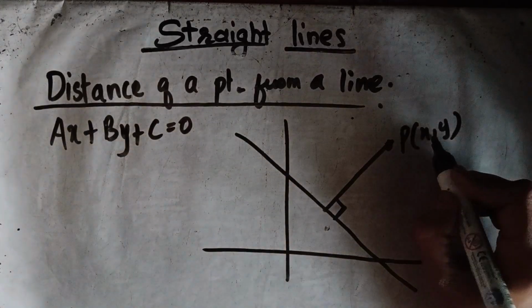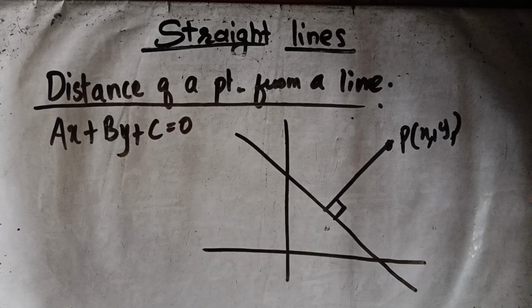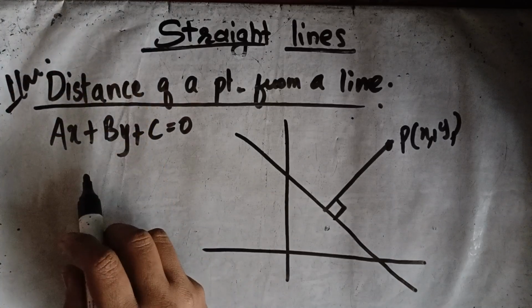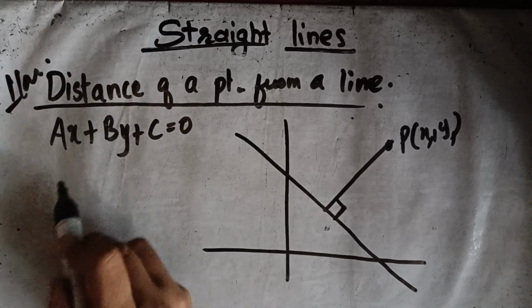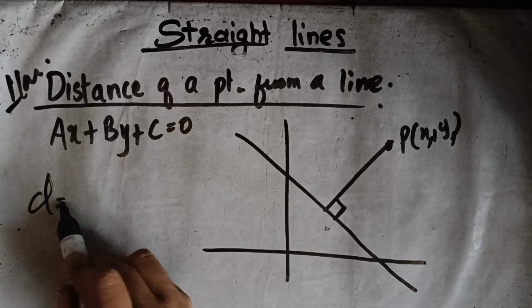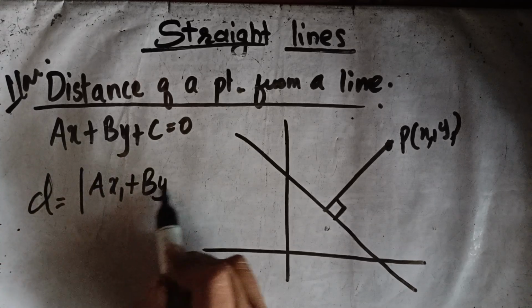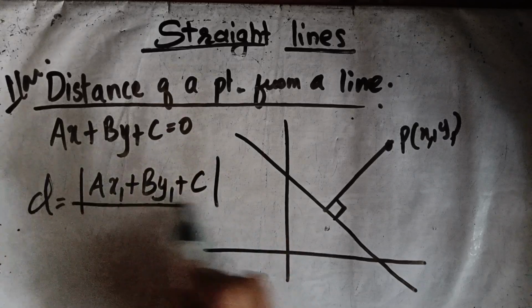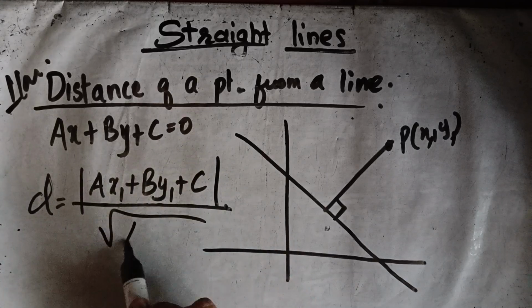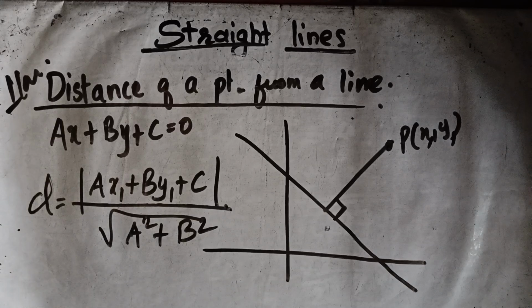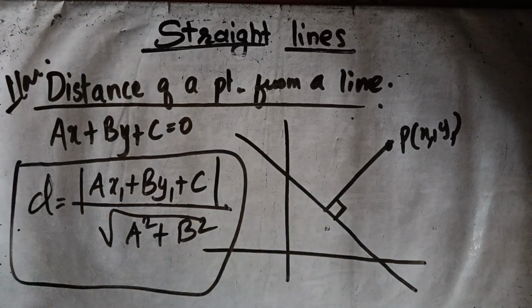This point is x1, y1. So the perpendicular distance is given by d equal to mod of ax1 plus by1 plus c upon root of a square plus b square. This is for the perpendicular distance.